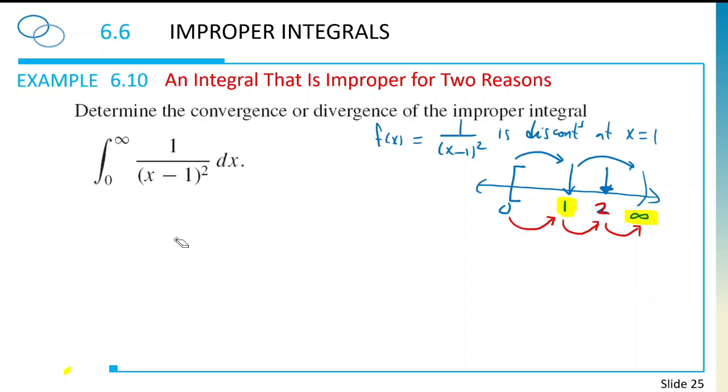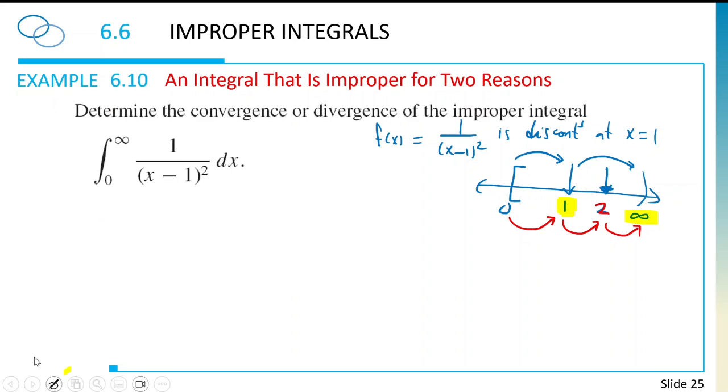So this is an example of an integral that's improper for 2 reasons. I have 2 issues, at 1 and at infinity. That's why I told you from the beginning: every time you see any question, you have to check the continuity before you look at the boundaries. But anytime you have infinity minus infinity, this is 100% improper, but still you have to check the continuity.